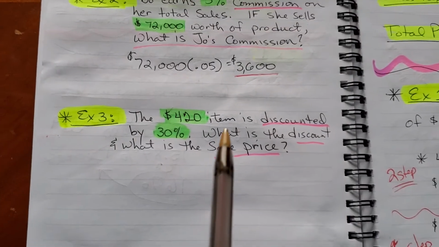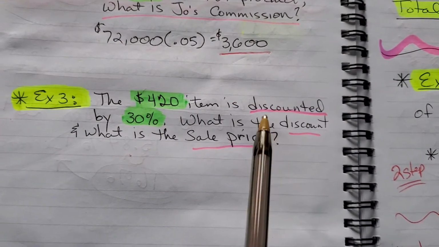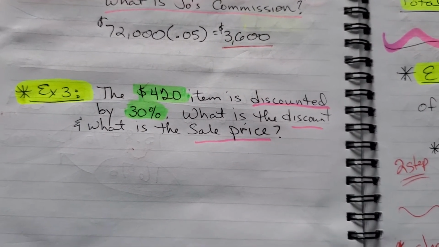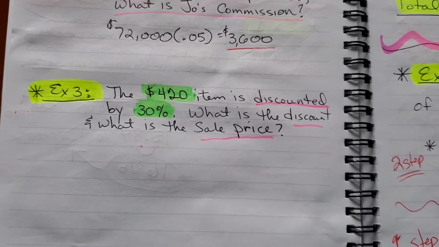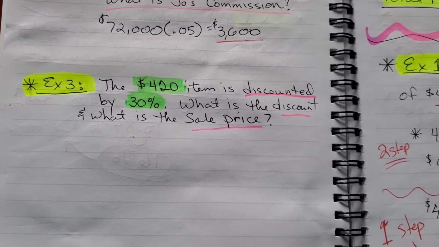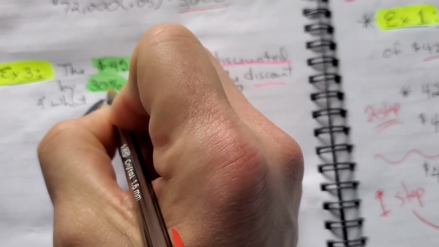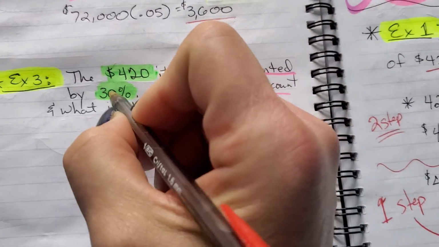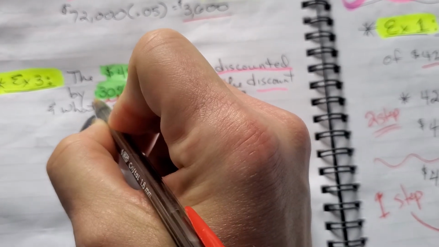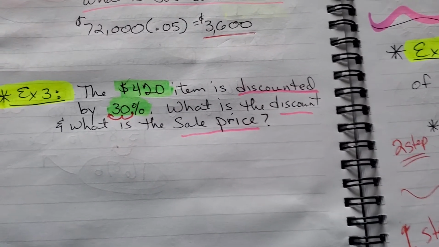But when we talk about a discount or a sale, we're not adding, we're subtracting. So that's really important for you to know. So first of all, again, let's change our percentage, which is 30%, into a decimal, which we take our decimal and we move 2 places to the left.